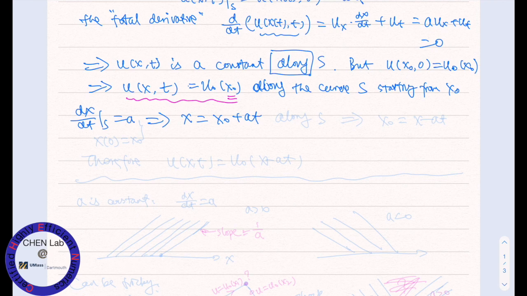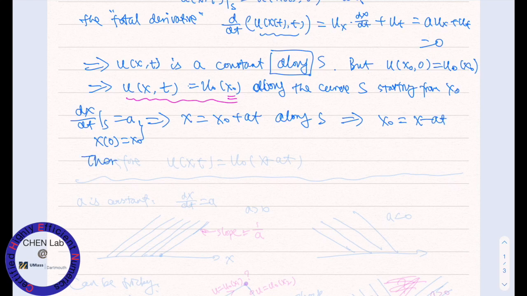Given this derivative is a, and given when t is 0 it is equal to x0, right? These two things we know: x equals x0 plus at along S. Which means what is x0? x0 is just x minus at.